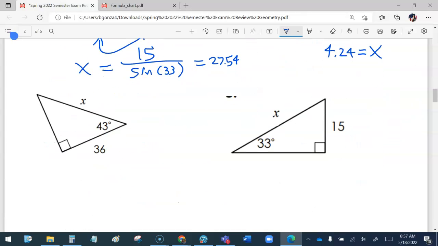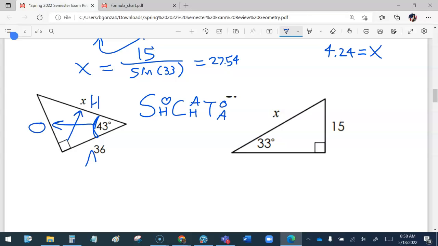All right. Here's some more. So once again, we're doing SOHCAHTOA. Okay. So here's my angle I'm starting with, 43 degrees. I'm going to label O, H, A. O is gone, cross it out.